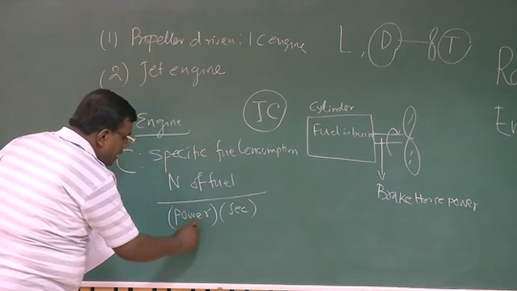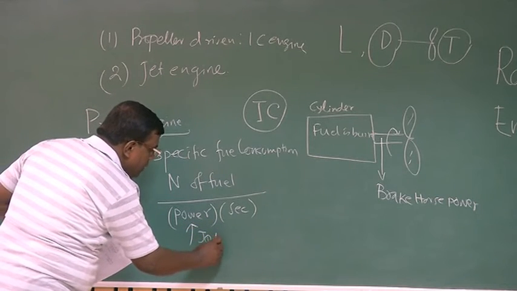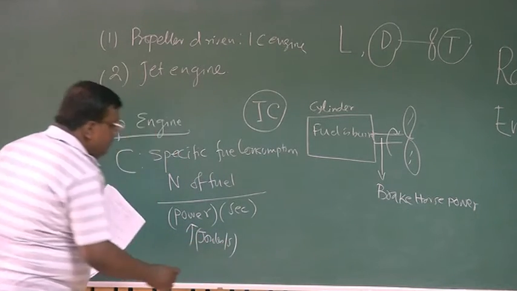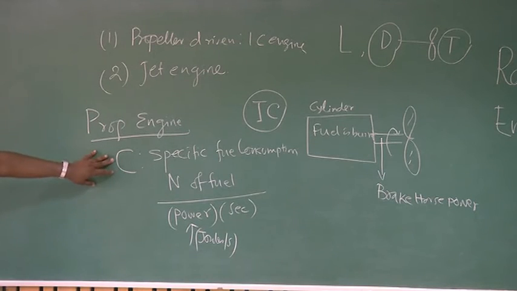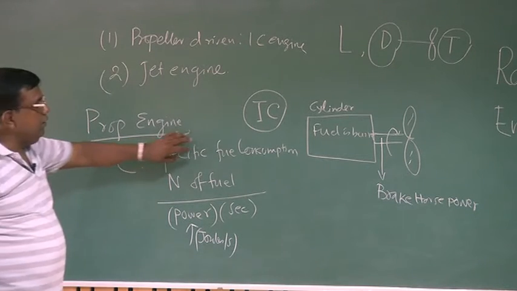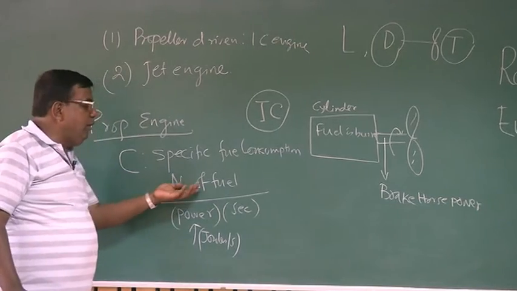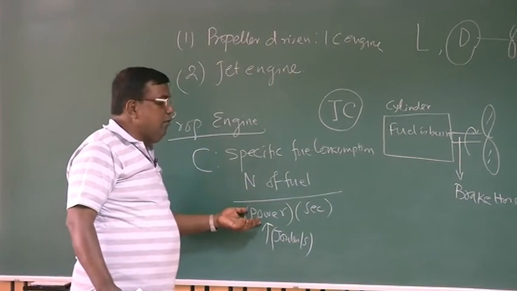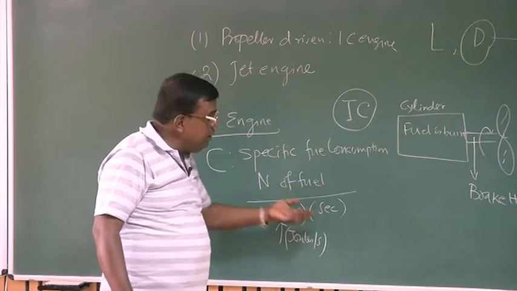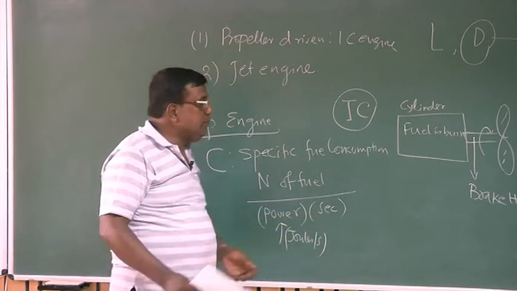That is, for power, I will write joules per second. So if I try to see dimensionally what a specific fuel consumption is, it is the Newton of fuel consumed per unit power, which is joules per second, per unit time, second. Right?